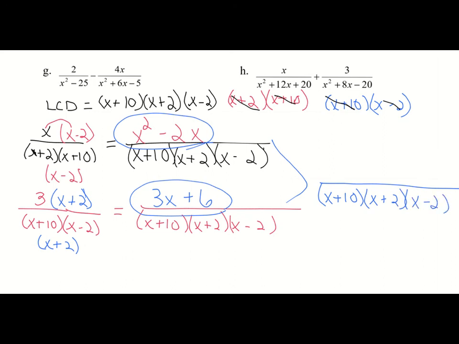When I combine like terms, I'm going to have x squared, negative 2x, and positive 3x will give me positive x, so plus x, and then plus 6. And it looks like when I go to simplify, there's nothing I can do to simplify this. So this will be our final answer to our final problem for this module.